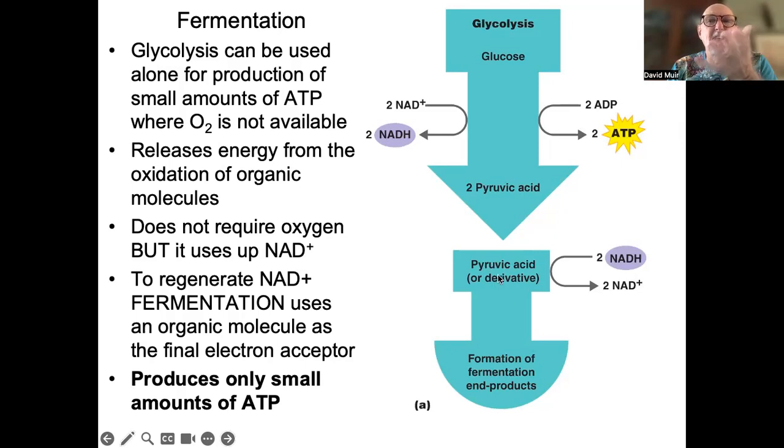It varies a little bit depending on the organism. This is the process of fermentation, and we're going to end up with an end product. And most importantly, we're going to end up with NAD plus to fund all the other metabolic pathways.